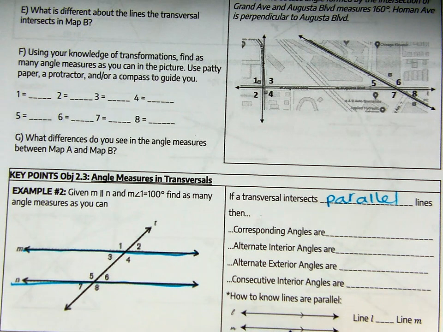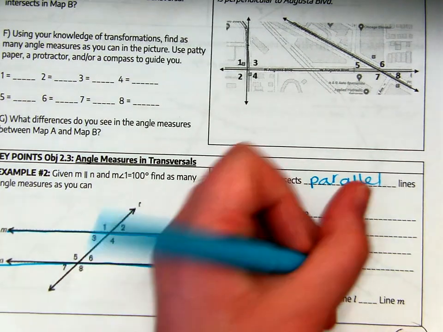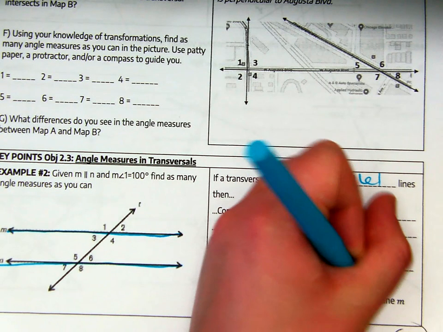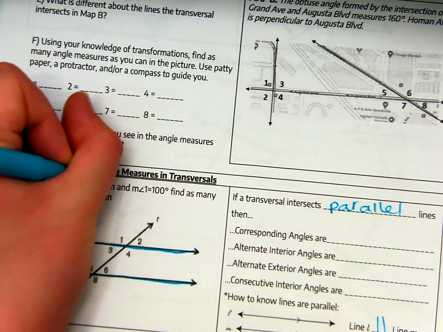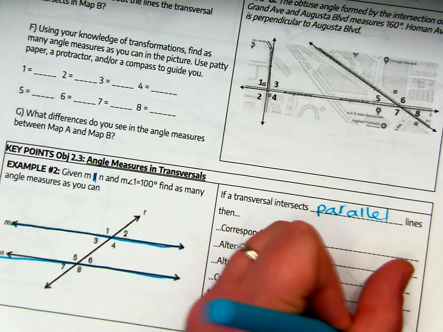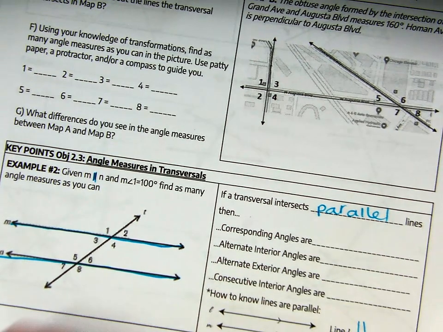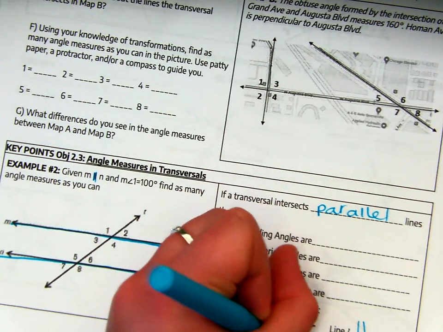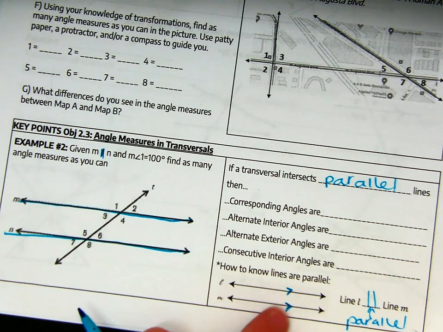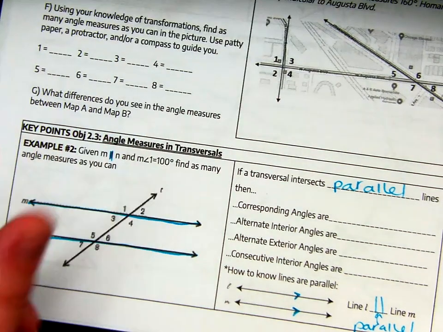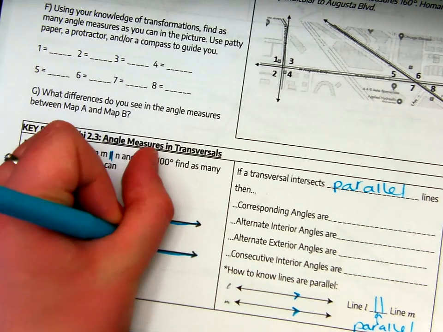So there are 2 ways we can know lines are parallel. 1, we're told using this symbol, the 2 lines just standing straight up. That means parallel. That's the symbol for parallel. Also, these little arrows on lines mean that lines are parallel. So I'm going to say the given is F is parallel.